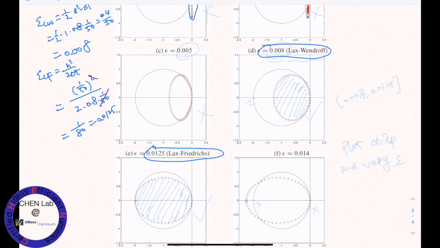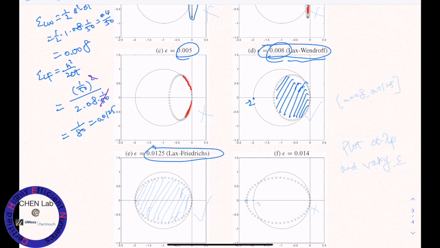And when continuing increasing to 0.005, it's just a little bit outside, all right, a little bit outside. And when finally we are at the Lax-Wendroff location, 0.008, we see it's completely inside. All right, here's -2.